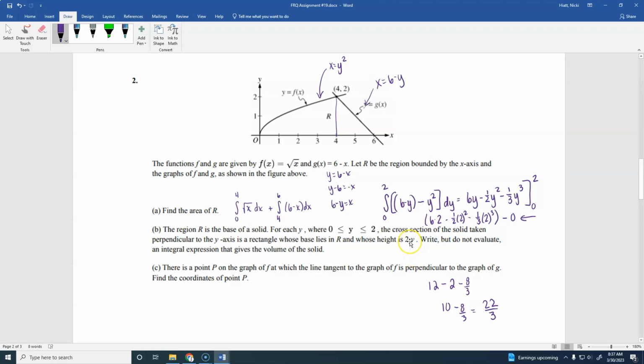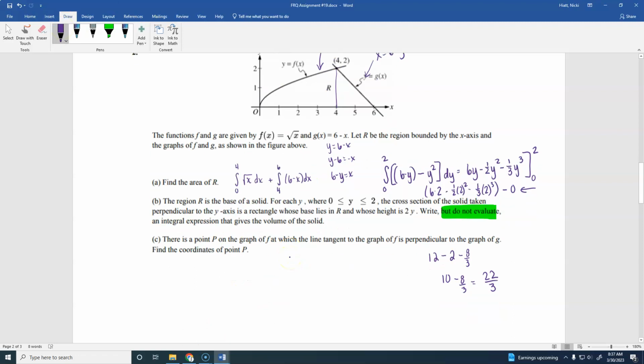So that's a little different than what we've seen before. We're supposed to write, but not evaluate, an integral expression that gives the volume of the solid. Make sure you pay close attention when you see this, but do not evaluate, because you can waste a lot of time evaluating. We just have to write the integral for the volume.